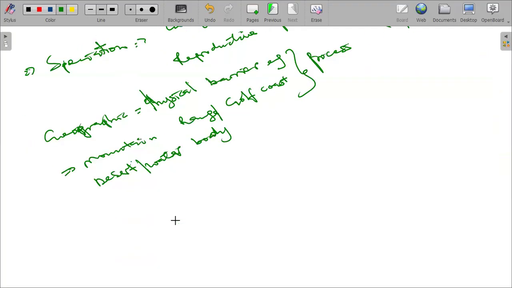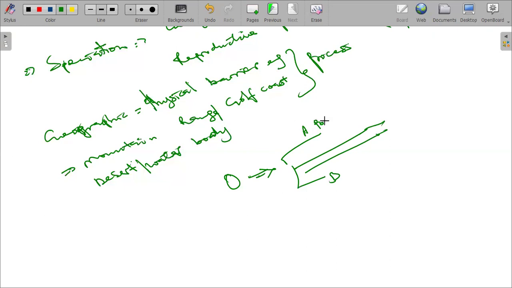If ever you see a population of species which is moving, and at a certain point there it splits into population A and population B, and this is a mountain range, automatically know that this is geographic isolation.